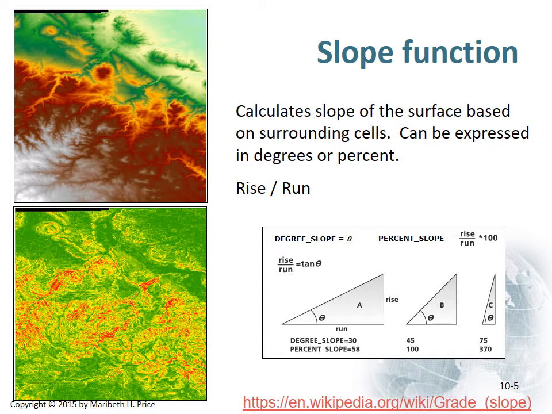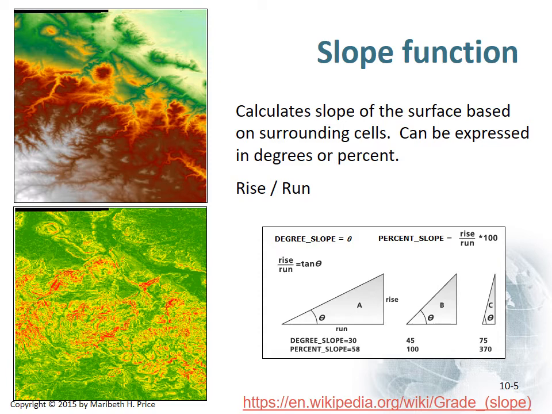ArcGIS calculates them pretty handily. And by sight alone, you're not going to be able to tell the difference between whether it's in degrees or in a percentage. So you need to look at the metadata for that. But the calculation is just like you're familiar with from geometry, the rise over the run, either way.